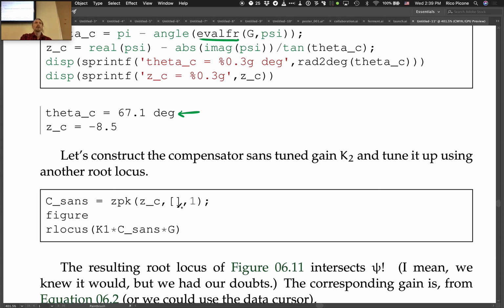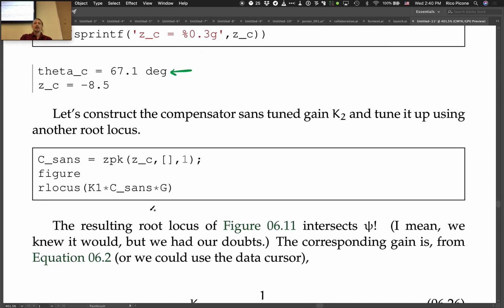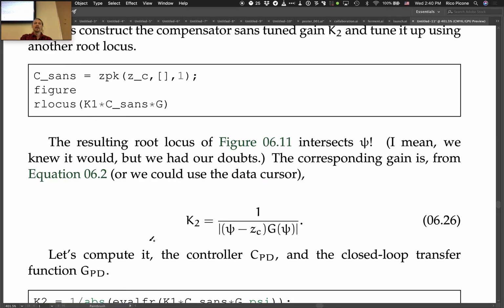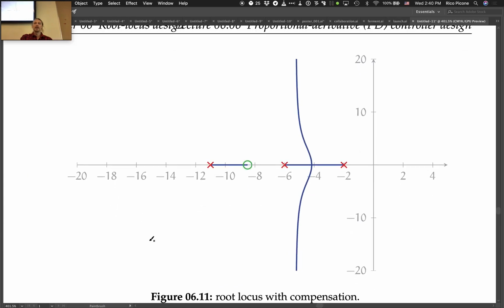There are no poles in this compensator, and it has an overall gain of 1. Open a figure, do another root locus, but this time include the compensator and the original gain, your K1. And then we get the root locus of this figure here. So now our test point is guaranteed to be on the root locus.